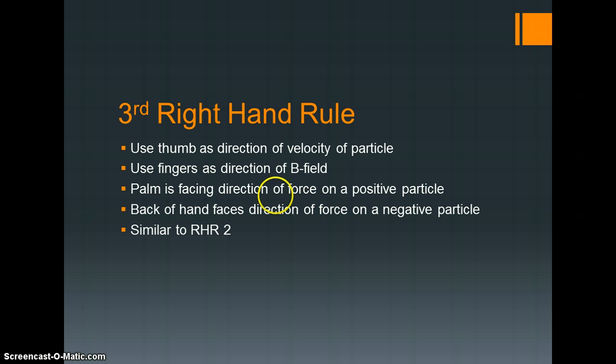So that's pretty much it for the right hand rules. The most important thing to remember with all of these is just to realize the situation you're dealing with and to make sure that you've got everything working together properly. Everything's got to be in order. If you have any situation where you're unsure, just take your time with it and think, okay, which right hand rule do I apply?